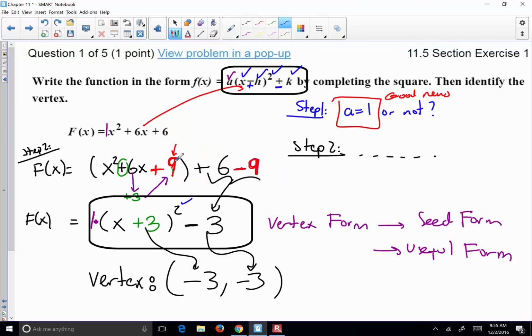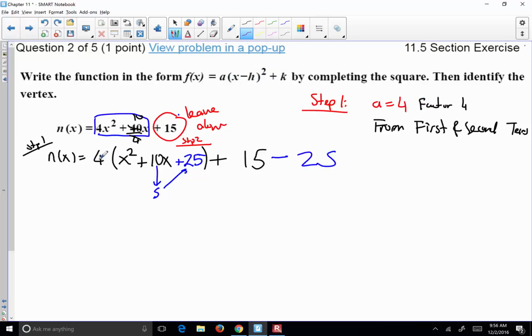Look, I added 9, took 9 out, because there is only one 9 I added here. You no longer have a 1 in front. When you add 25 here, it's multiplied 4 times.